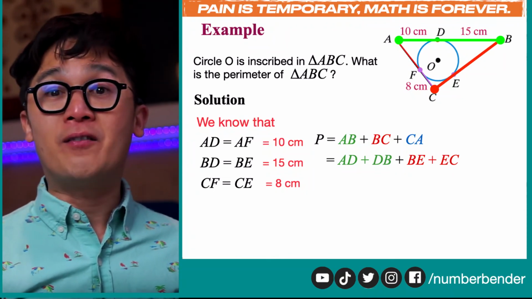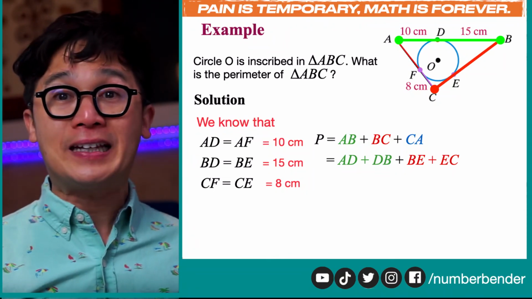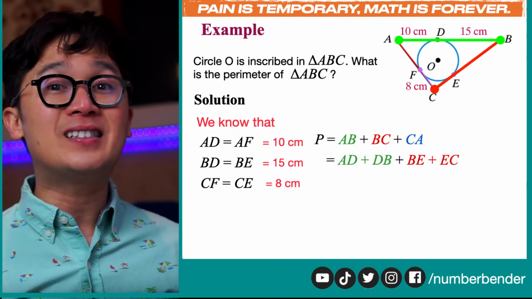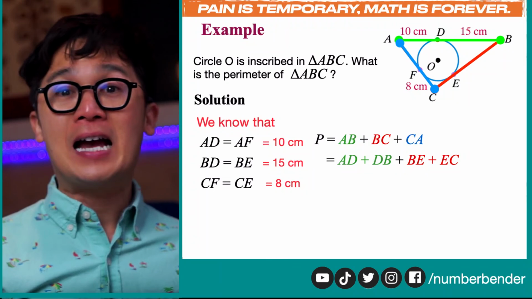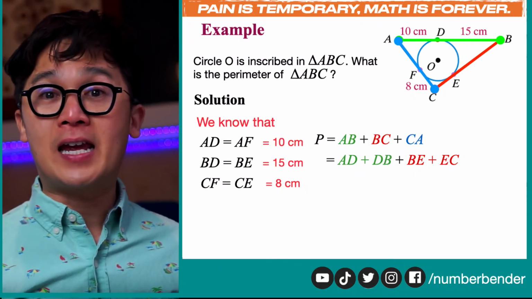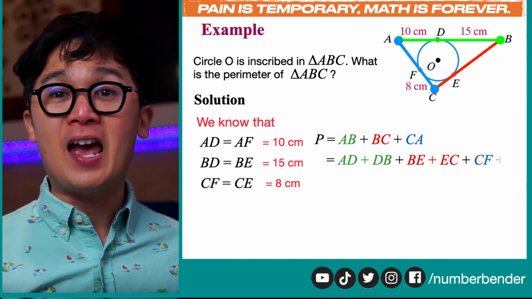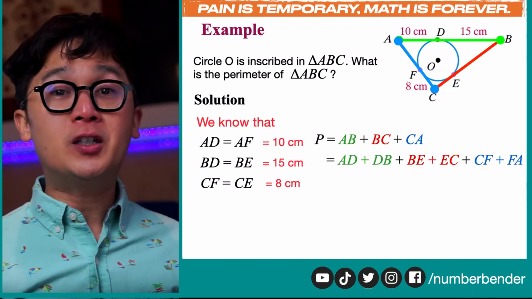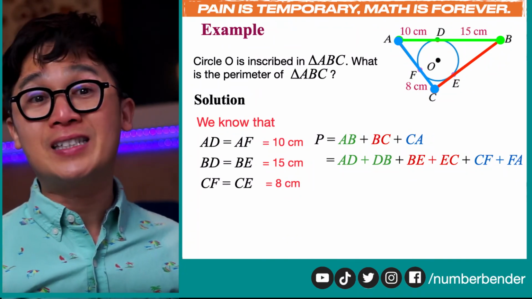And we're going to have those values because we know that BE is equal to 15 centimeters. And we also know that CE is 8 centimeters. And for the last line segment for our triangle, we have line segment AC, which connects CF and FA. And we know that the value of CF is 8 centimeters and the value of FA is equal to 10 centimeters.